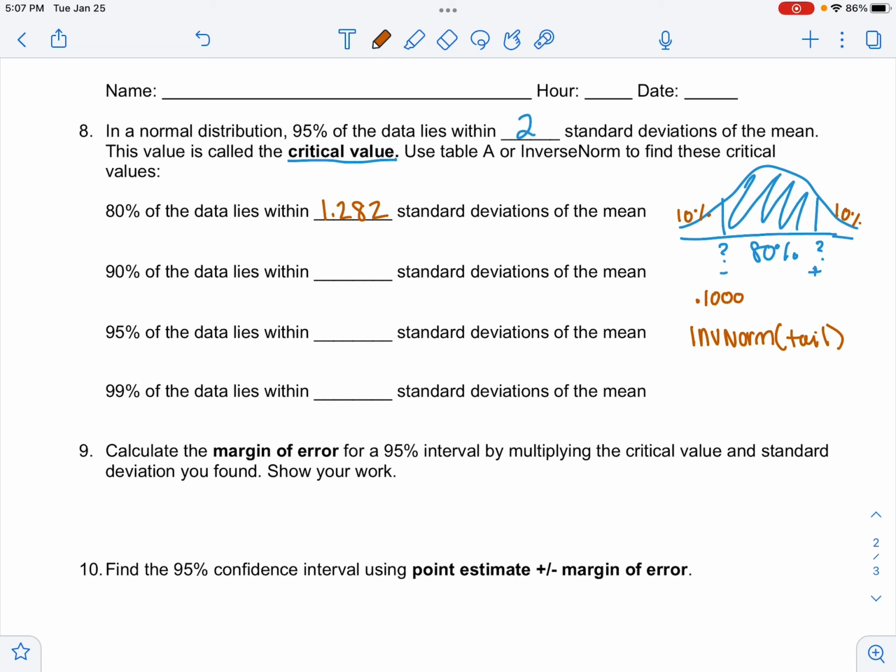For 90% of data, 1.645. For 95%, 1.960. Again, kind of close to 2, but we can see it was an estimation. And then 99% is 2.576. So within this amount of standard deviations of the mean, remember that within means plus or minus, so both the positive and negative direction.